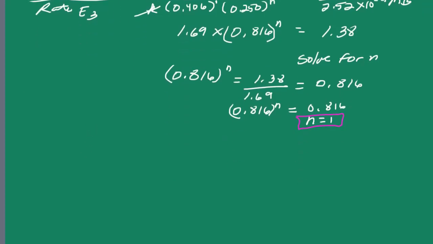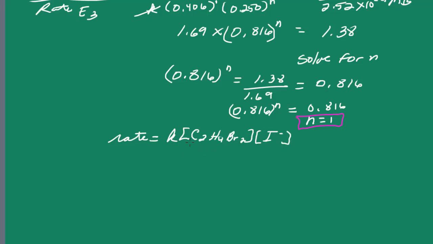So my rate then will be equal to K, and I have my 1,1-dibromoethane, and then my iodide ion concentration.